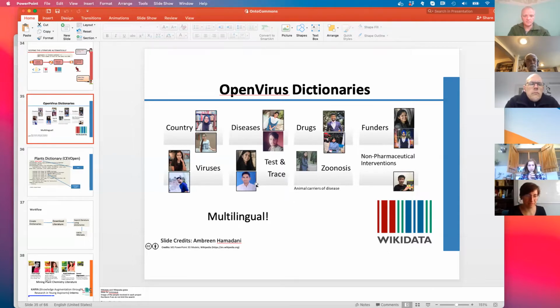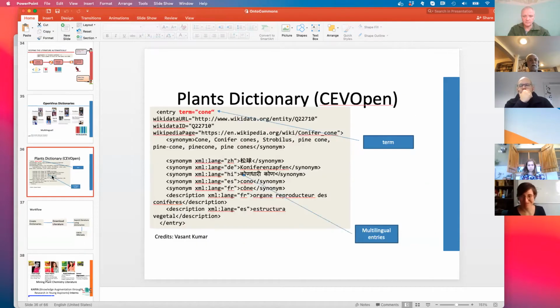So Ambreen, where's Ambreen? Ambreen here put together a resource for all the countries in the world with all the languages that describe those countries. And I'm just going to finish on the type of thing we're creating.